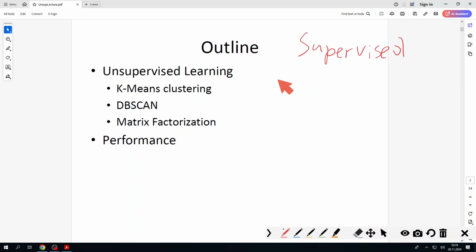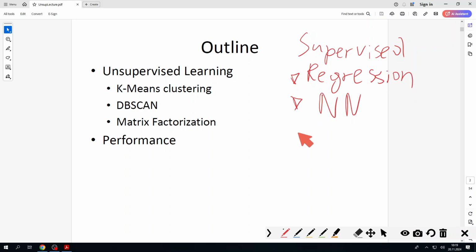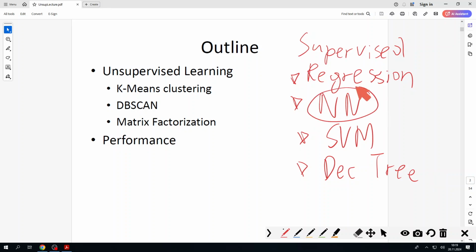All those methods we have discussed so far, starting with the regression tasks, linear, logistic, neural networks, support vector machines, decision trees, all of that stuff. Although some of these methods can actually be used in unsupervised mode as well, for example neural networks, which we will cover in this course too. But mainly, we have considered this task as supervised problems.